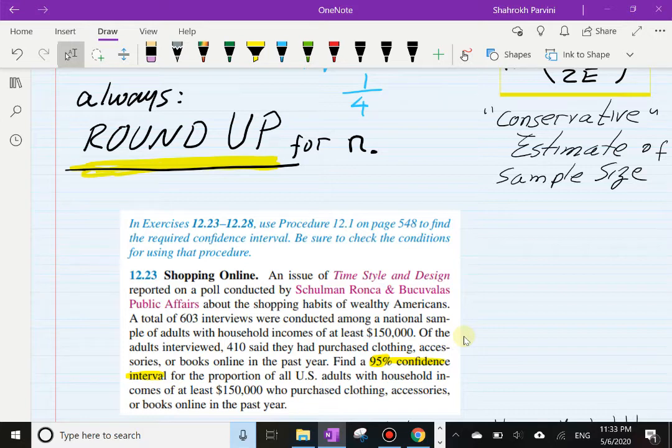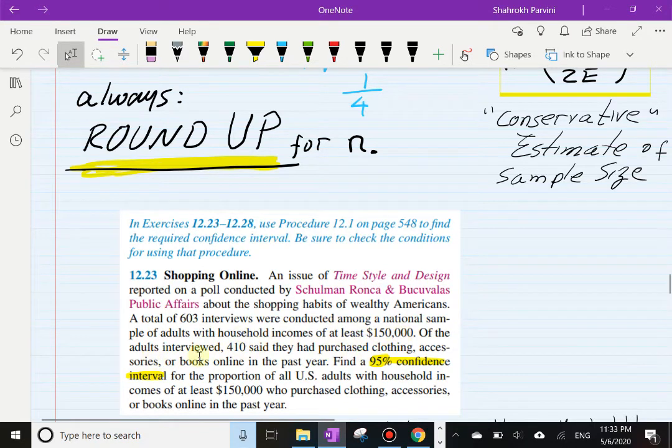we're just looking at people that buy things online. Okay, so this looks at a sample of 603 interviews conducted among a national sample of adults with household incomes of at least $150,000.